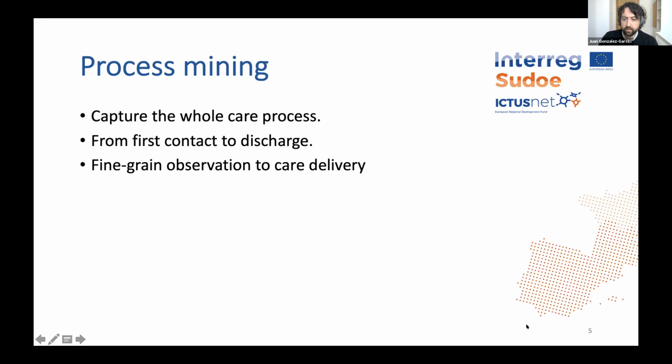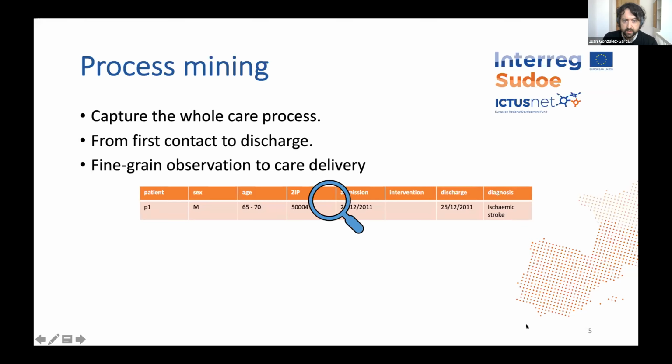There is an animation in this slide. You have the data sets, they appear. You put your magnifying glass on them, and instead of seeing one contact with the healthcare system as a whole, the idea is to go one step beyond, observe them in detail, and see how the whole process is given.